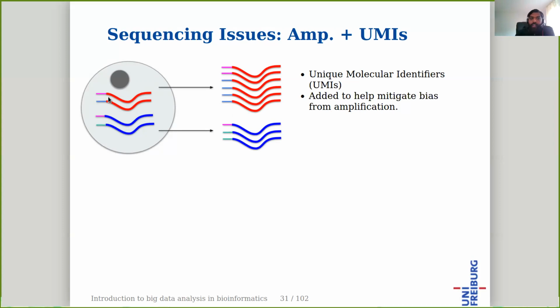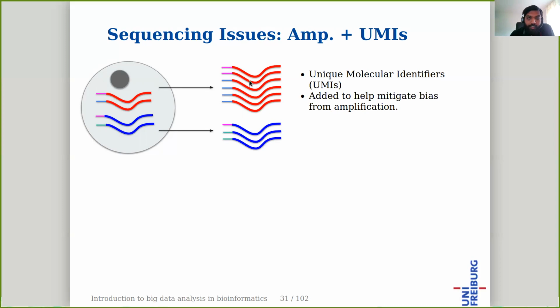which are attached to the fragments. So the transcripts already contain a cell barcode, and then these UMIs are attached in front of the cell barcodes here. And these UMIs can be used to identify your transcripts uniquely after amplification.